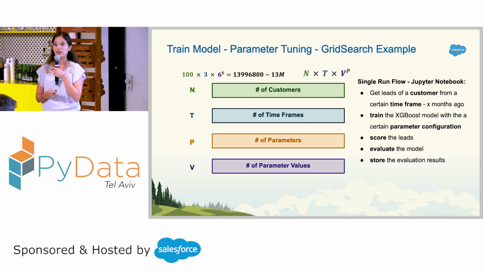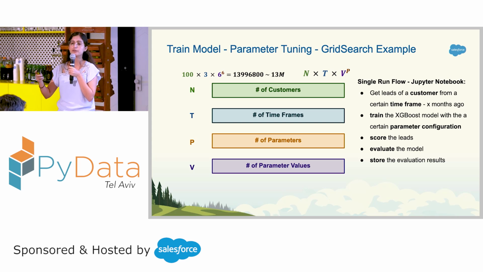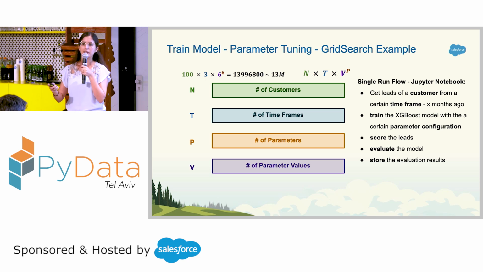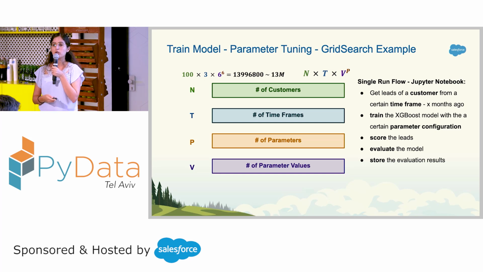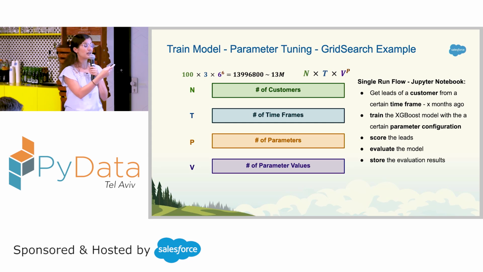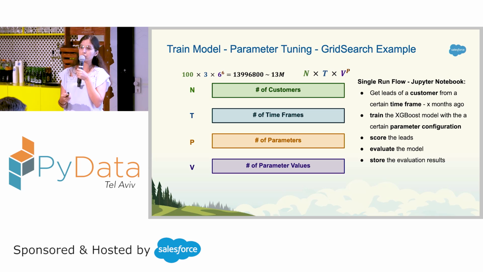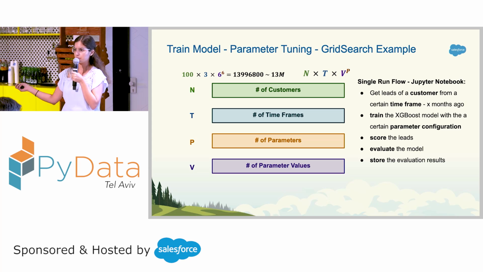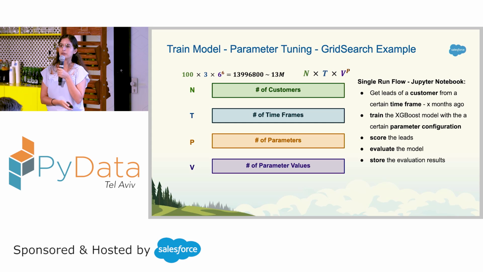Think about it. We have N customers. If we're examining leads from different times, say 1 month ago, 2 months ago, 3 months ago, etc., we have T different time frames. We have P parameters, and for each parameter of XGBoost, there are V possible values, let's say. So there are endless possibilities here.